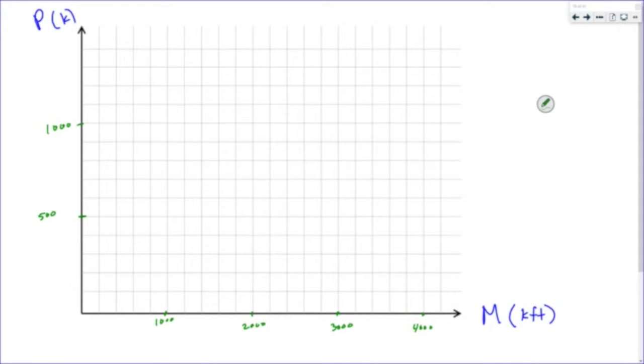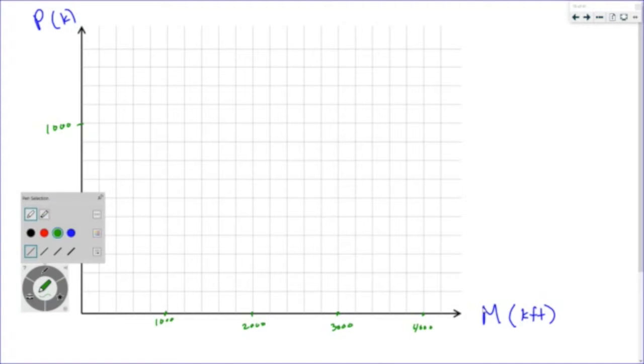So you can probably gather all your data, maybe summarize it. But I'm going to look at my axial capacity. We're going to draw it in black.